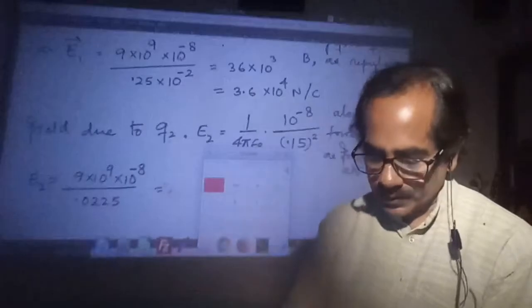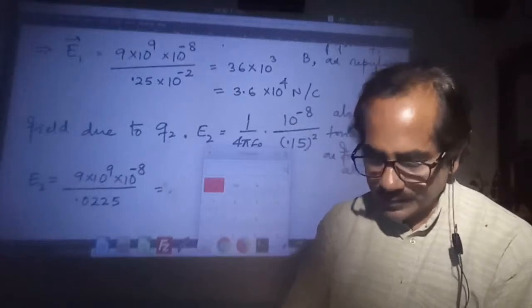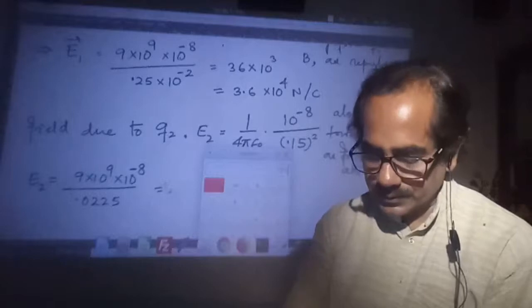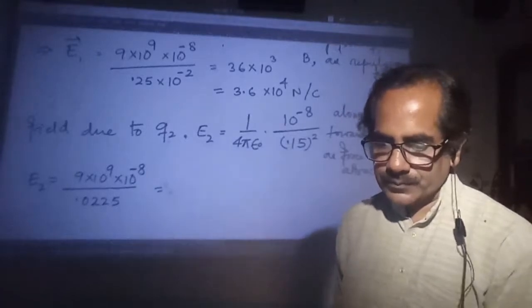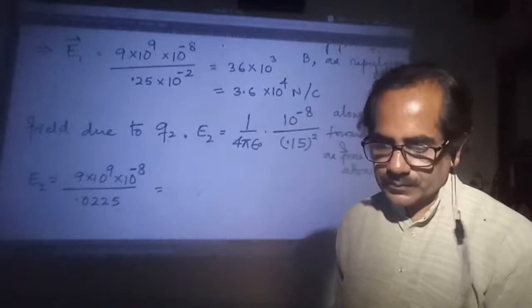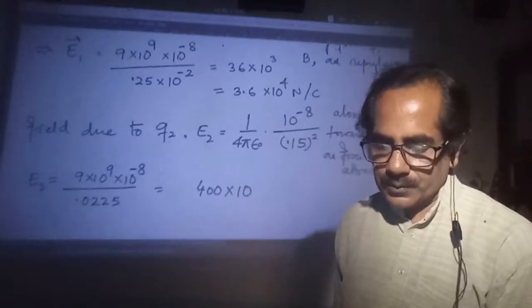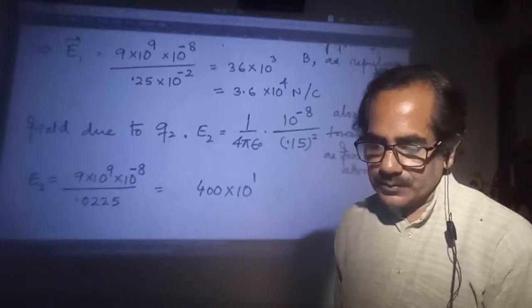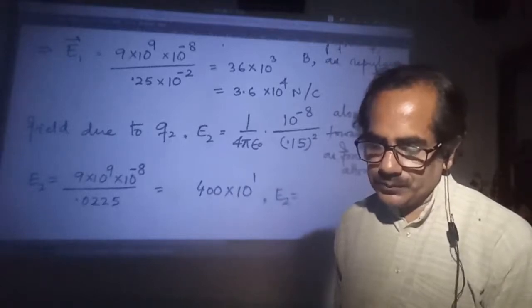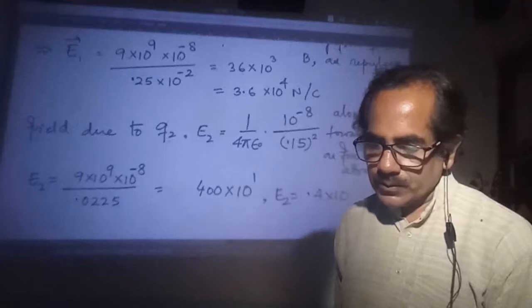Let us divide 9.9 divided by 0.0225. So it is 400 into 10 to the power 1, and finally it will be E2 equal to 0.4 into 10 to the power 4.